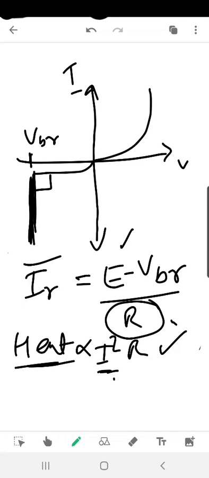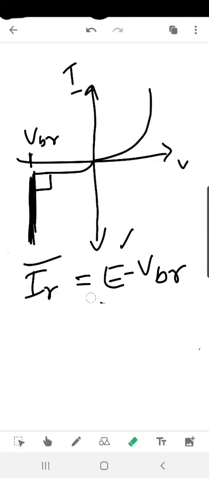When we talk about reverse breakdown, there are two types of mechanisms which are followed. We will study both these mechanisms one by one. First of all, the first mechanism is the Zener mechanism, or Zener effect.